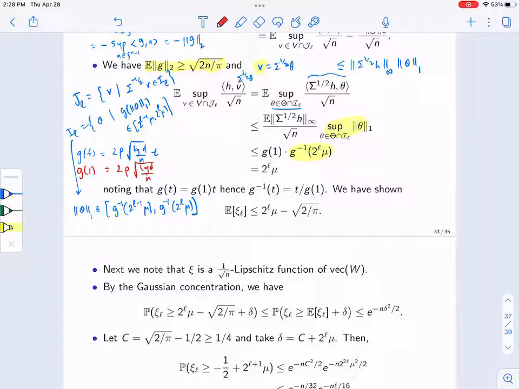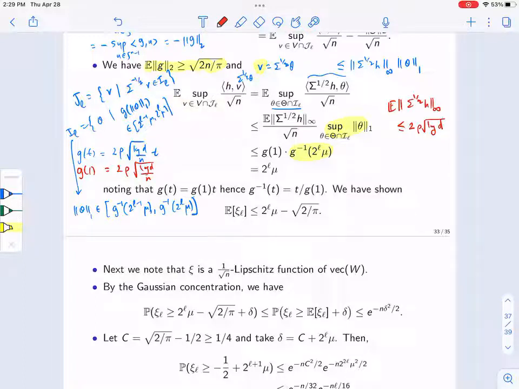So I'm saying that this is bounded by 2 rho root log d over n. Is this obvious to people? So the root n is here. What I'm claiming is that the expectation of sigma 1/2 h infinity is bounded by 2 rho root log d.